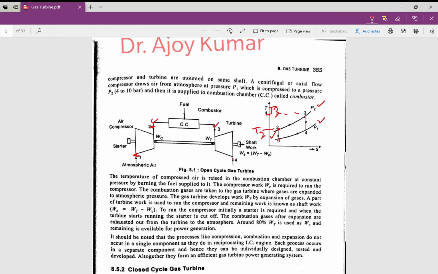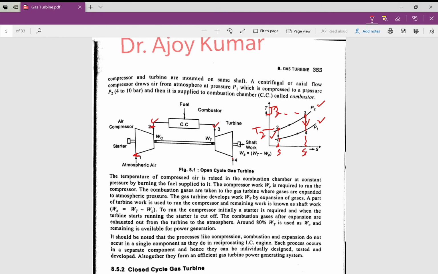Now at point 3, that hot gas having maximum temperature is supplied to the gas turbine to expand. So this is expansion process 3 to 4. Again we call it isentropic expansion, that is, entropy remains constant. So here this is your entropy, and here also in isentropic compression S remains constant.